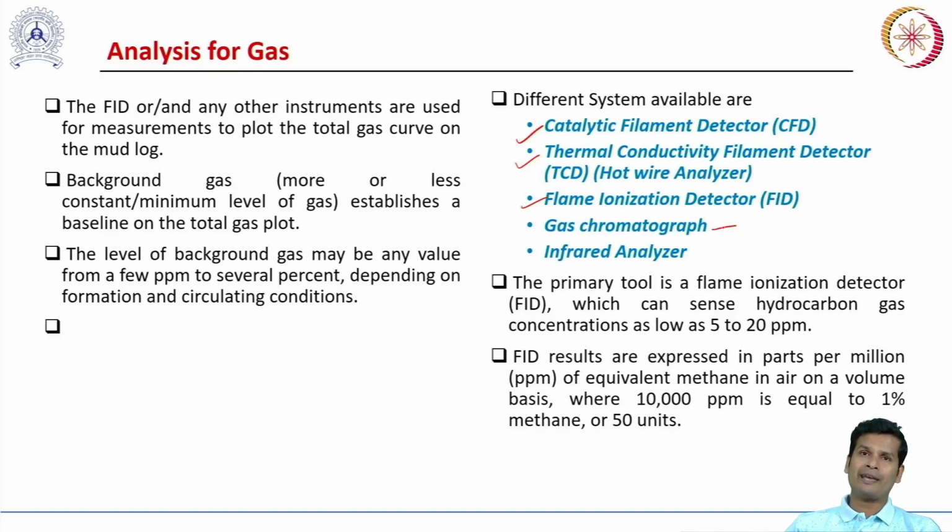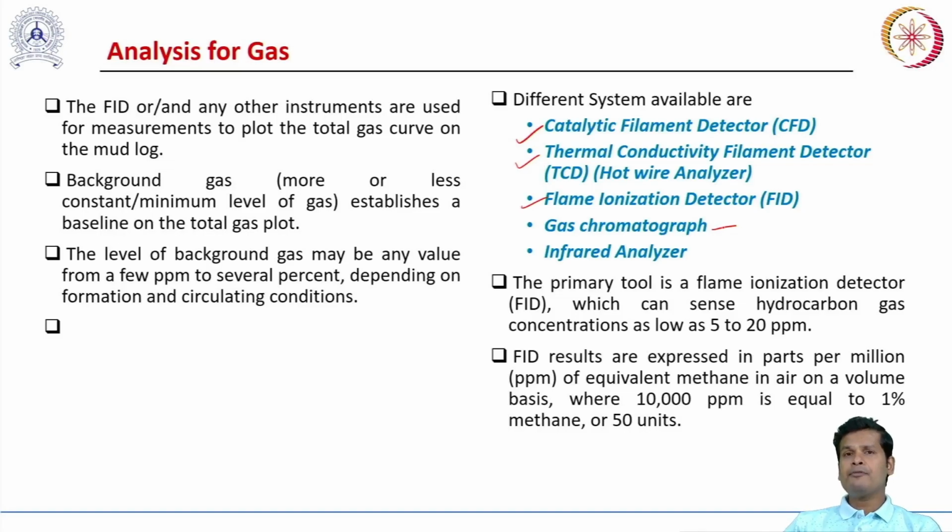So a background gas concentration will be recorded, and any increment from the background gas concentration will be treated as the presence of an additional amount of hydrocarbon gas which may have come from a hydrocarbon bearing formation. This level of background gas concentration may be very small, from a few ppm to a slightly higher percentage, depending upon the circulating condition and what type of formation you are drilling.